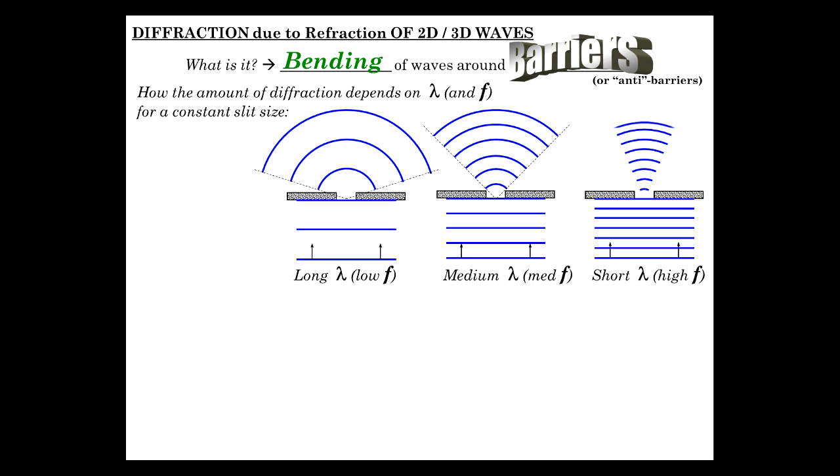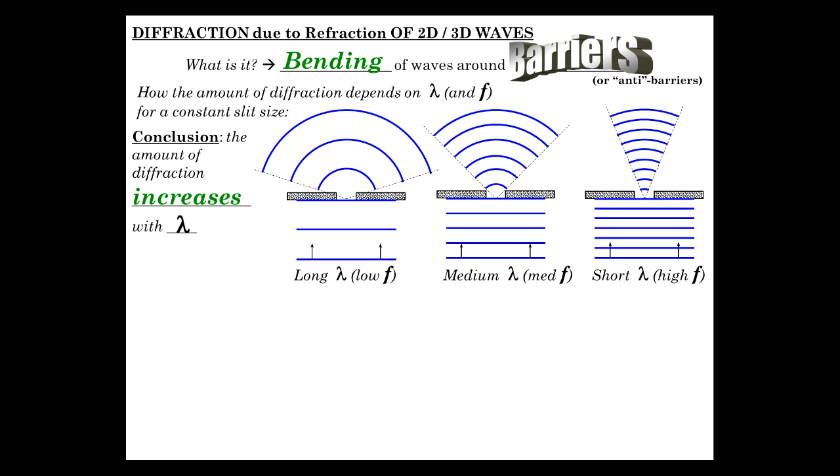Notice that it's getting closer to just passing straight through without being bent, but it is being bent to a certain degree. So the conclusion from this summary is that the amount of diffraction or bending increases from here to here to here. So it increases with wavelength.